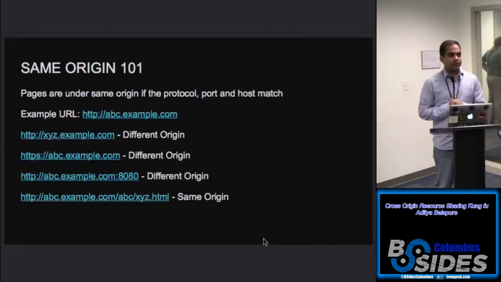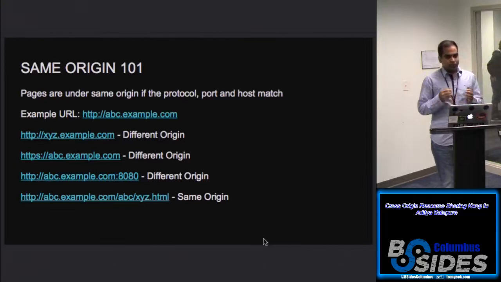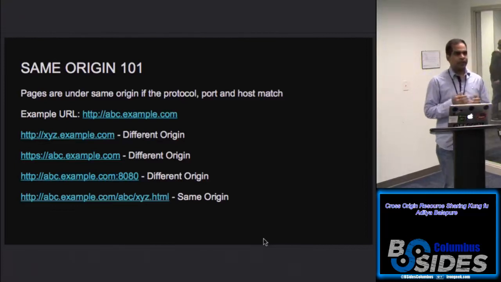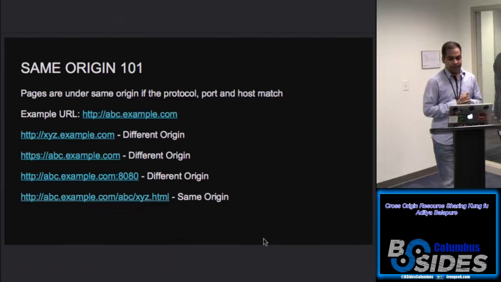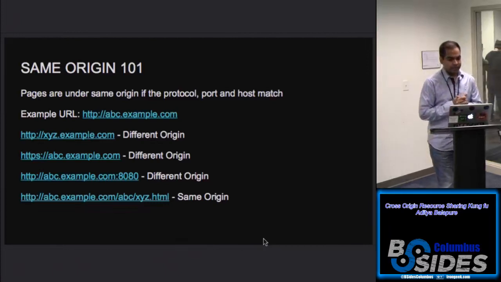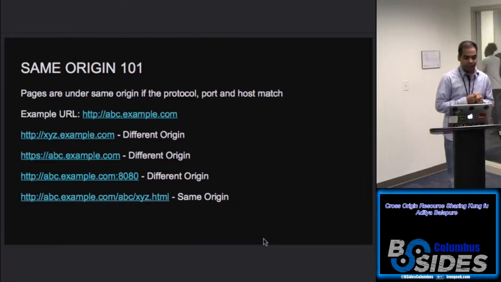Cool. So just a quick same origin policy 101. Pages are under the same origin if they share the same protocol, host, and port. As an example, here we have abc.example.com being served over HTTP.